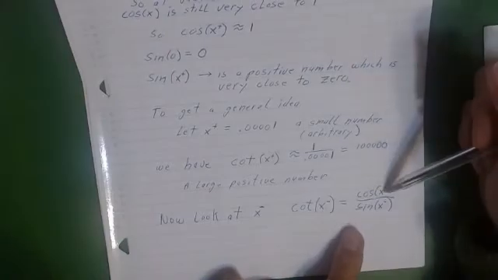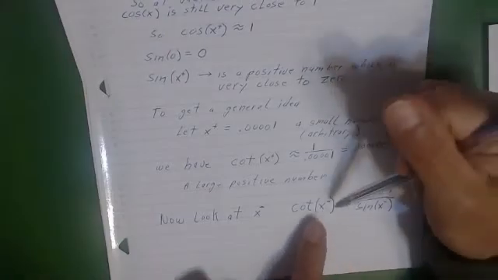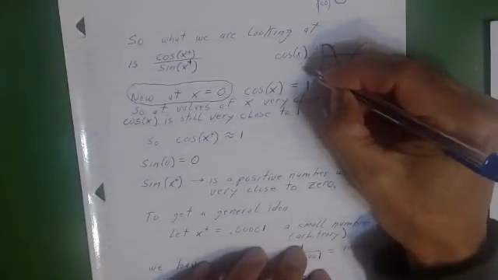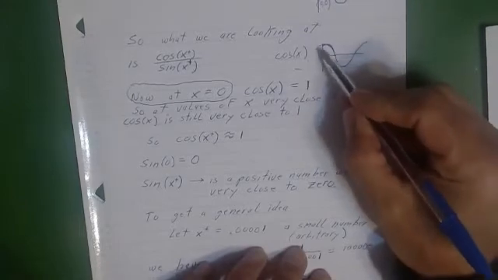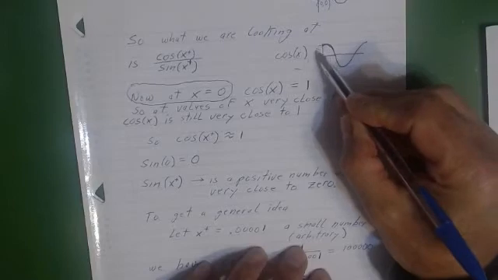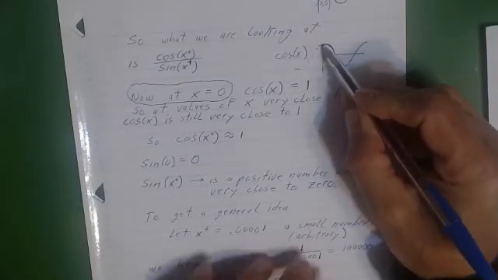So our cosine function, as we approach x equals 0 from the left, here's the cosine function continuing, right? As we approach x equals 0 from the left here, you can see we're already very close to 1, and we're getting closer and closer to 1.